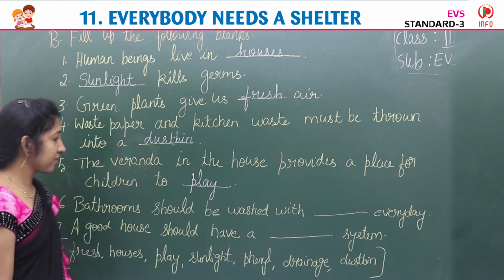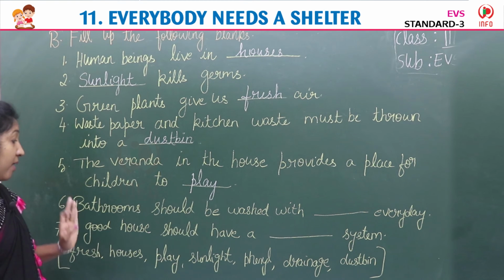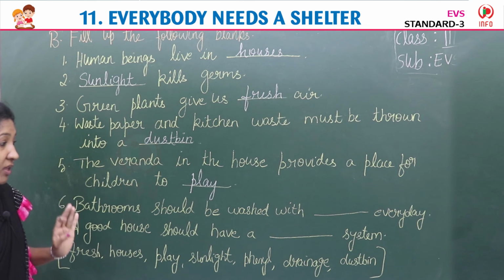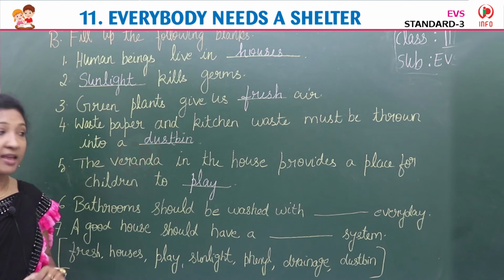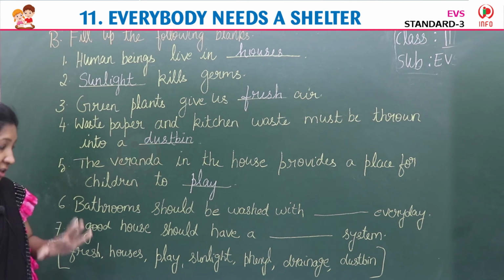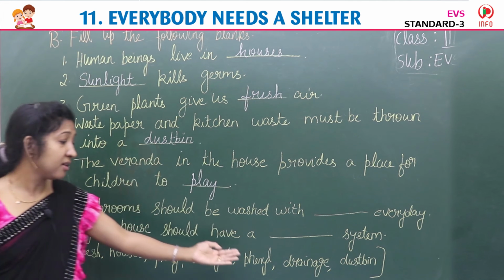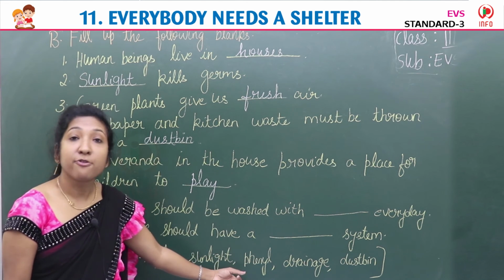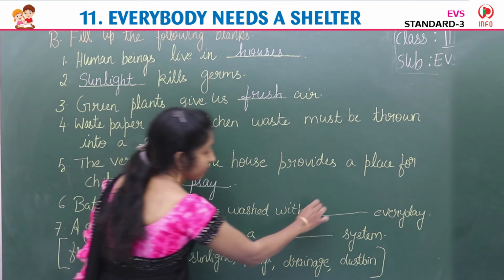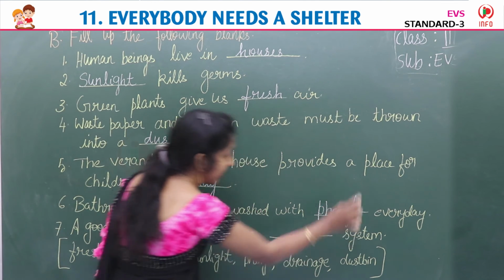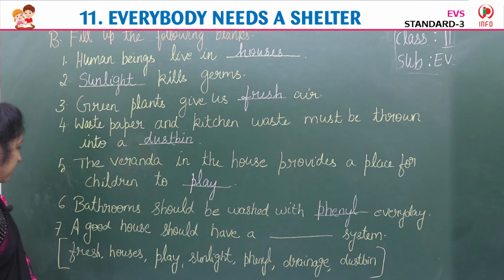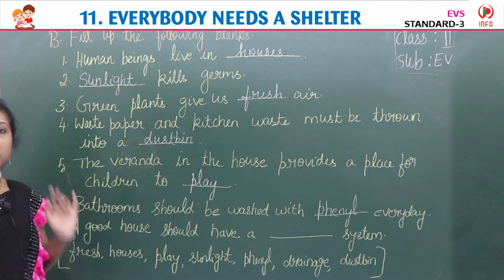P-L-A-Y, play. Sixth question, bathrooms should be washed with dash every day. We should clean our bathroom and toilets with what? With the cleaning powder, which is that? Phenyl. Yes, with phenyl. P-H-E-N-Y-L, phenyl every day. Now the last question, the seventh question, a good house should have a dash system.